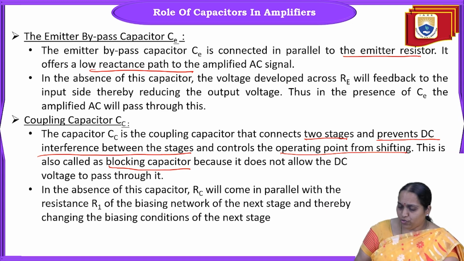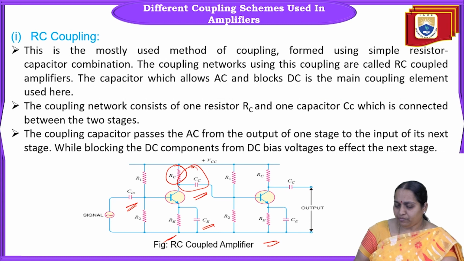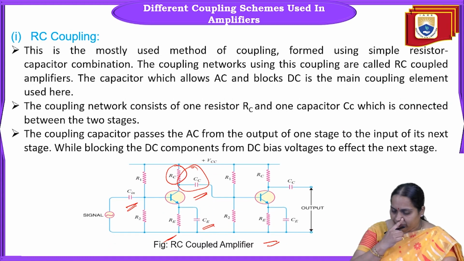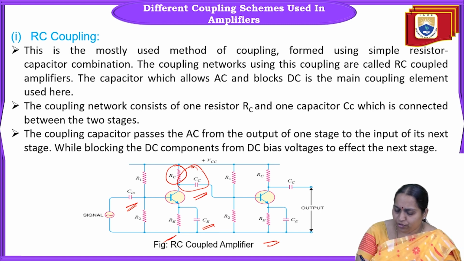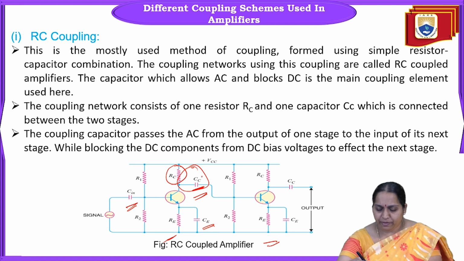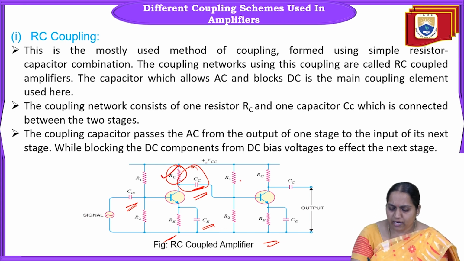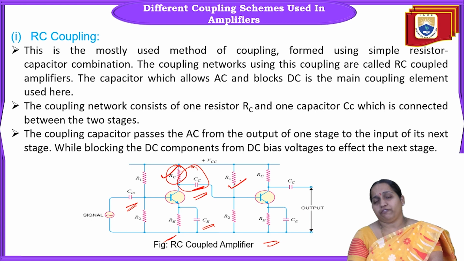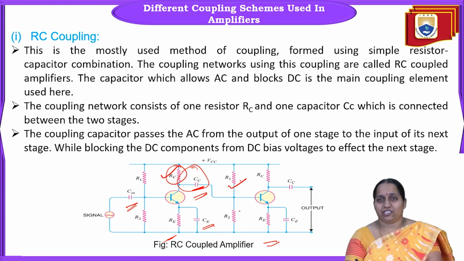If we look at the figure once, see here. If you are not using this coupling capacitor, what will happen? This RC will come in parallel with R1. If RC is coming in parallel with R1, again it is going to change the biasing conditions of the next stage.